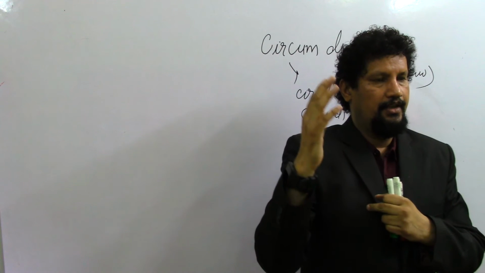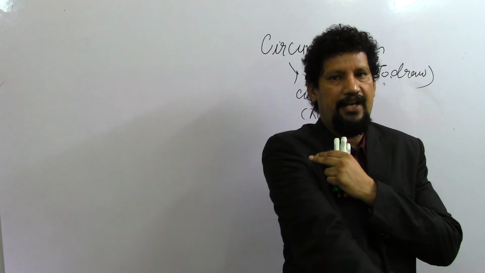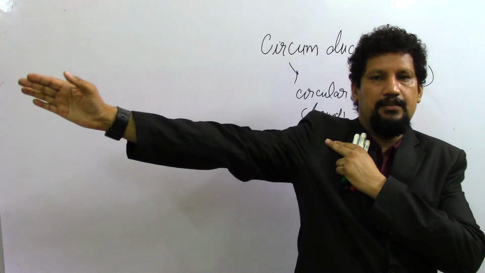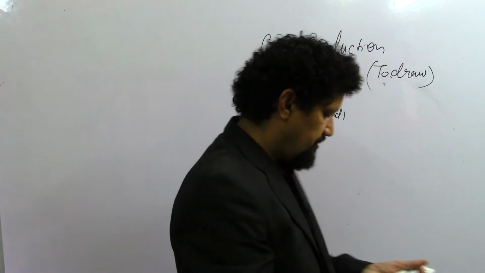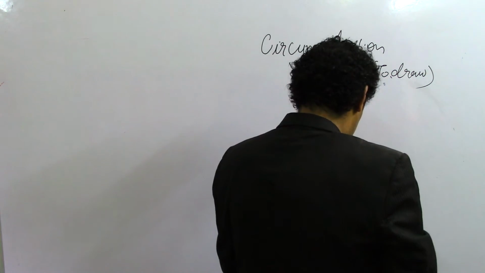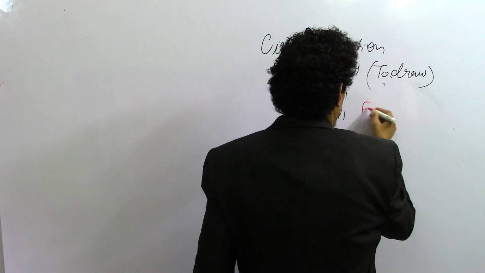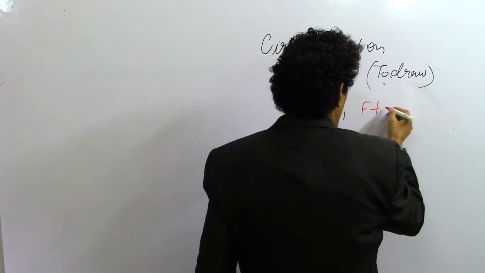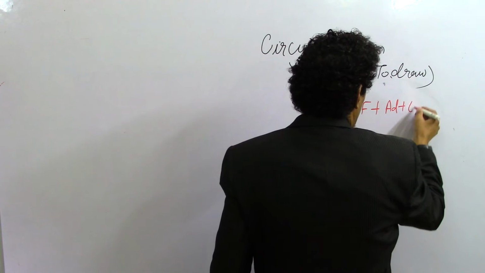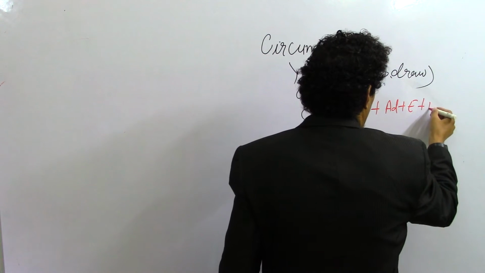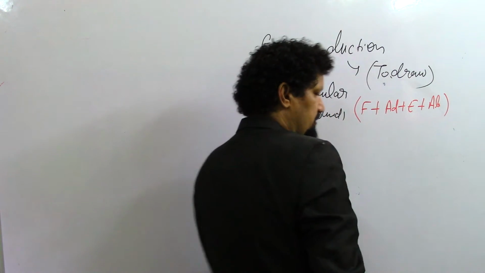So this is the shoulder: adduction, flexion, abduction, extension and adduction. The combination of four movements, that is flexion, adduction, extension and abduction, is known as circumduction.